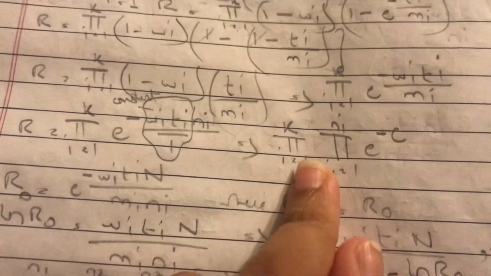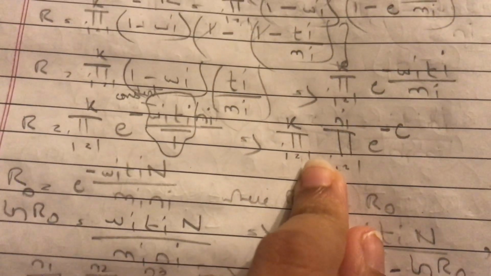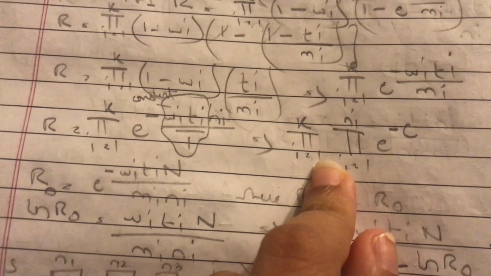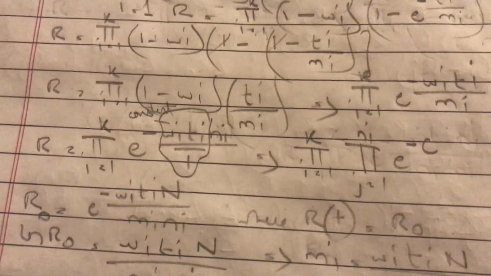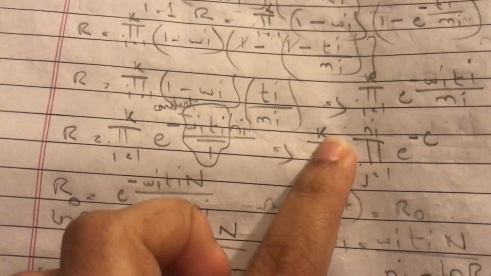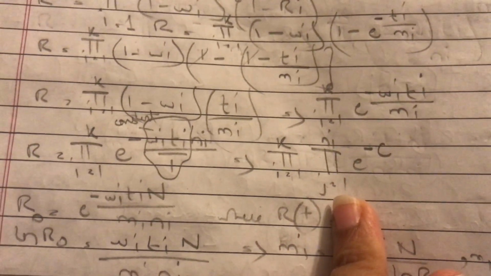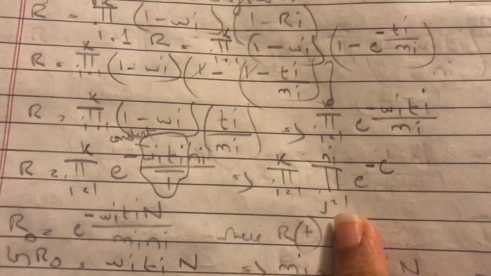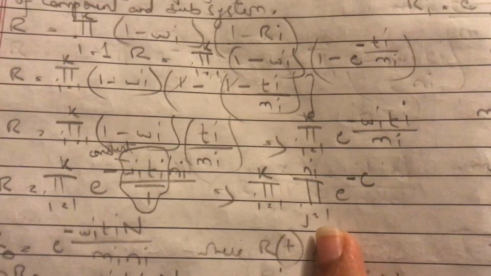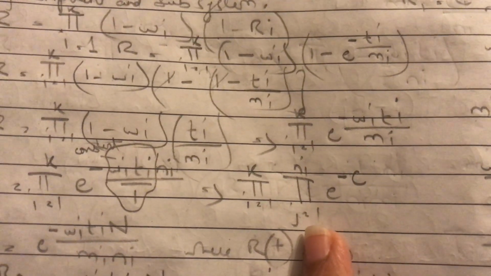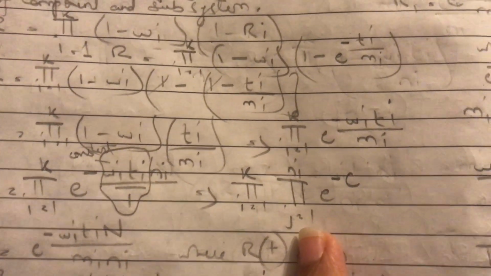First was i going from 1 to k. This was that each system in series is composed of k subsystems. So we created it like this, and then we say that each subsystem is composed of Ni elements, and that is also in series.